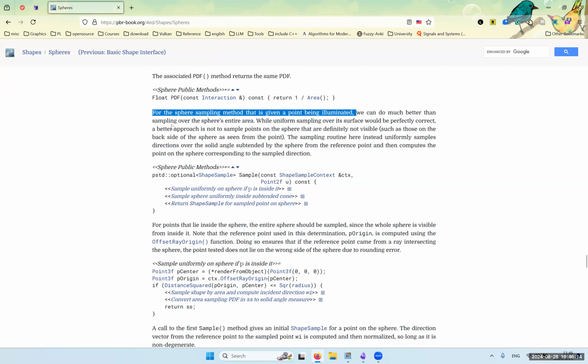But a better approach for a point being illuminated is not to sample points on the sphere that are not visible. Yeah, that makes sense. So instead, uniformly sample directions over the solid angle.